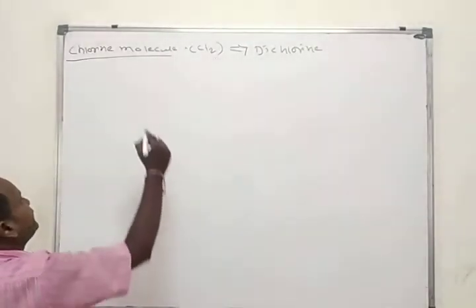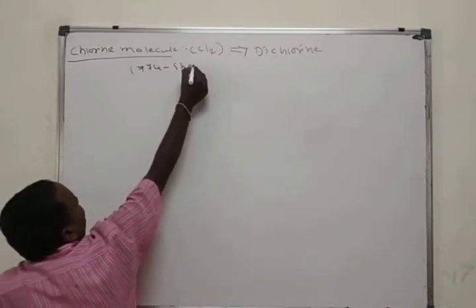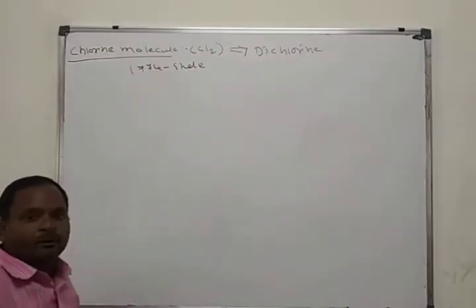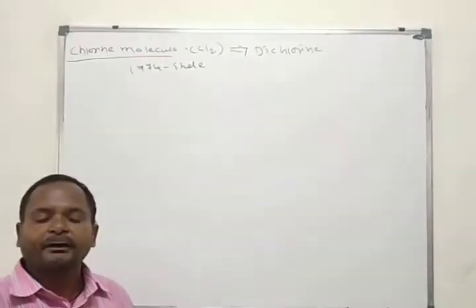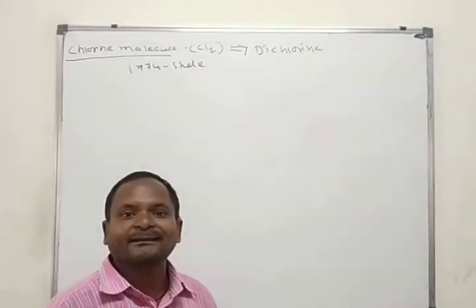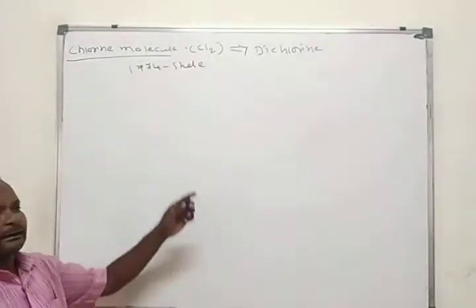In 1774, Scheele prepared chlorine by using hydrochloric acid and manganese dioxide as a catalyst.